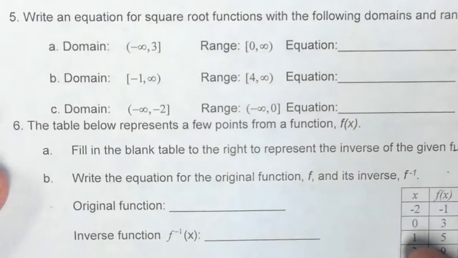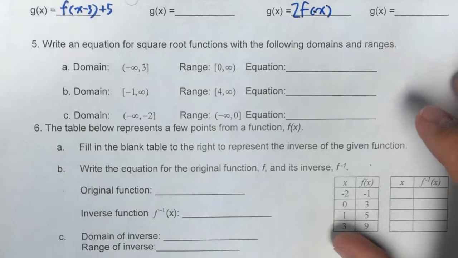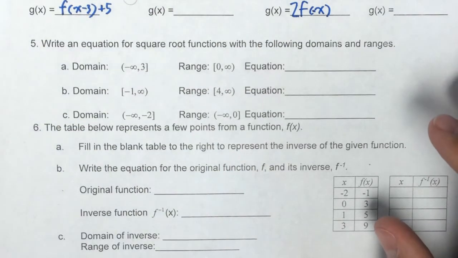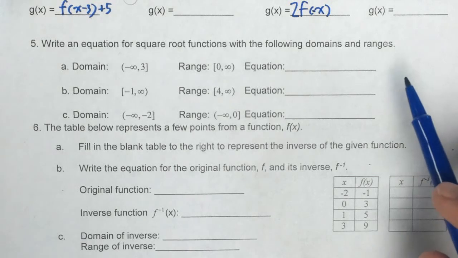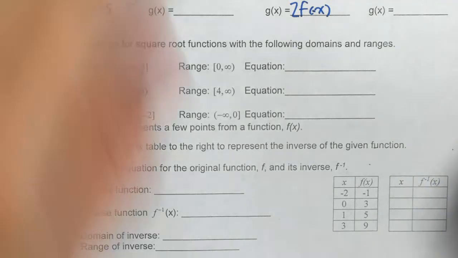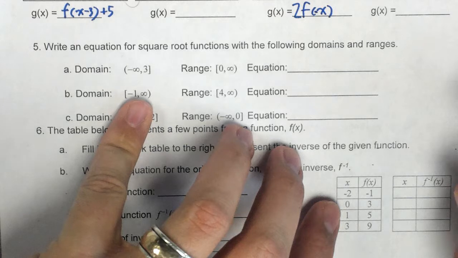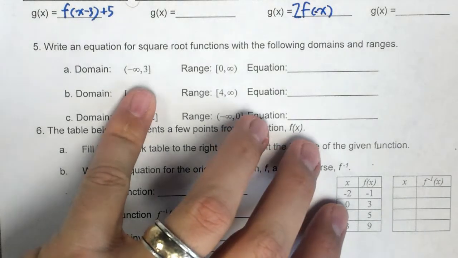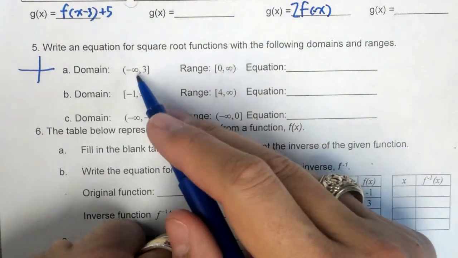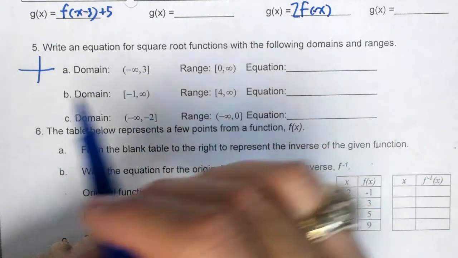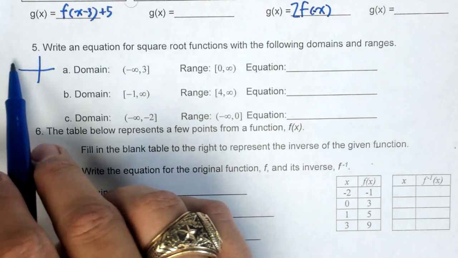Alright, number 5. Write an equation for square root functions with the following domains and ranges. Okay, let's make a little sketch for the first one. If I had a coordinate grid, domain means it's going to come from the left.